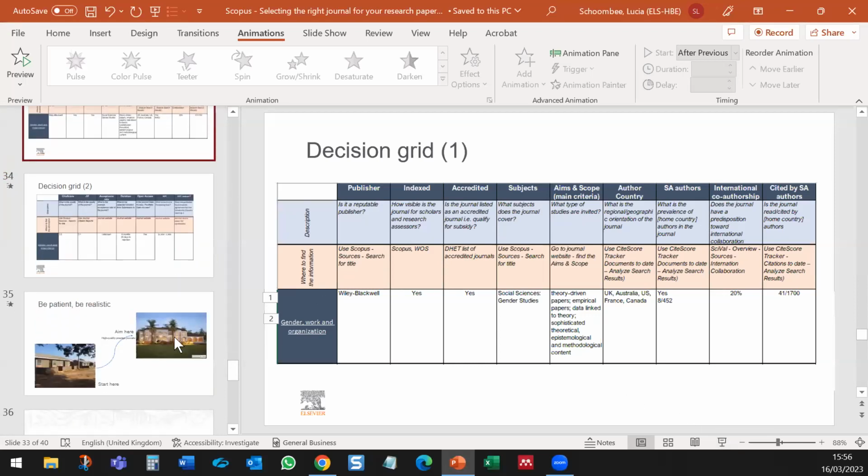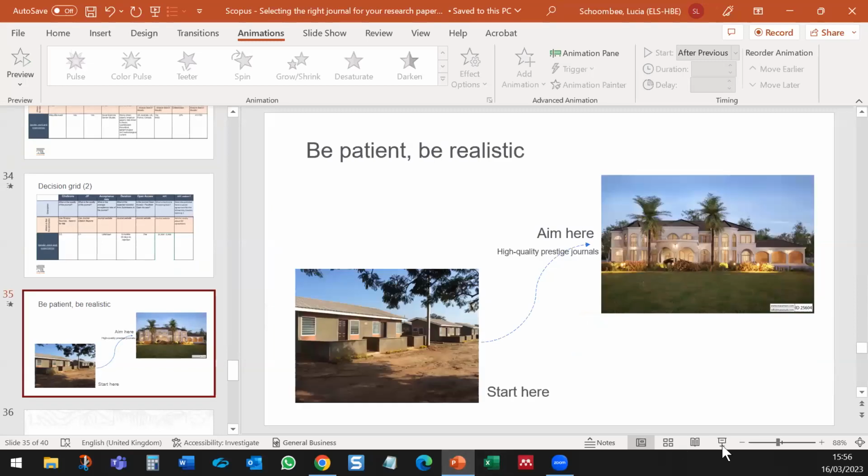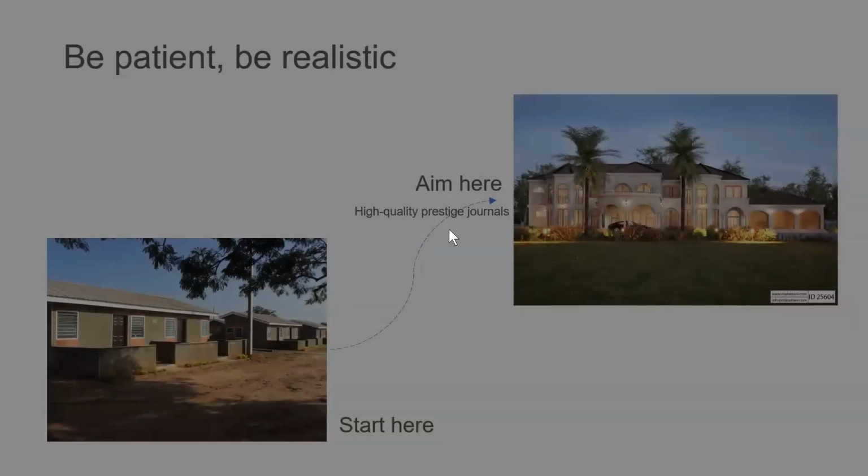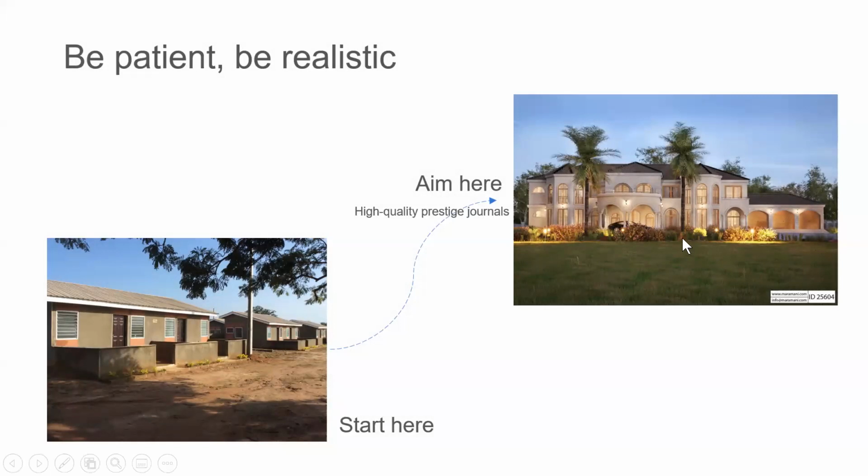Right, so my final slide: everybody wants to publish in high impact journals that look like this. They're all shiny and big and very posh, but it takes time. When we start publishing, we start very humble. We cannot always select the top journal. So in your whole decision process, be realistic: don't aim for the top journals, but aim for the most feasible journals.